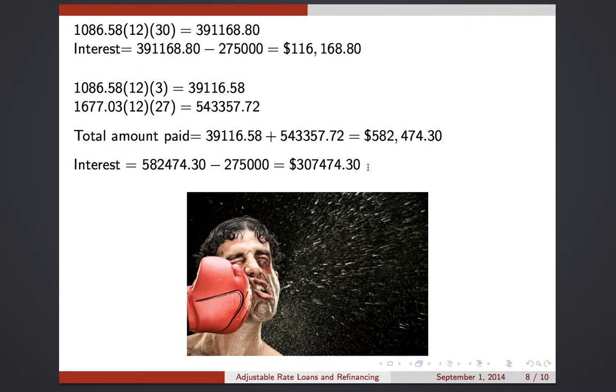I mean, they're not all bad, and they don't all end up with numbers this staggering, but for 27 years, you're essentially going to have to find an extra $600 a month to pay your mortgage. And finding an extra $600 a month is not trivial for a lot of people. And so, of course, if you compare these two numbers, 1086.58 to 1677.03, that's approximately a 50% increase to go from one to the other.